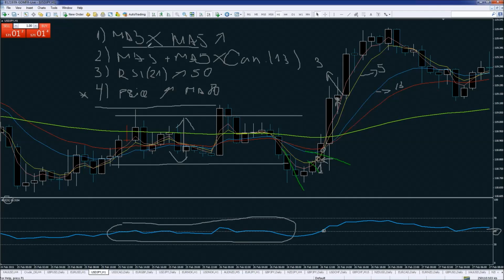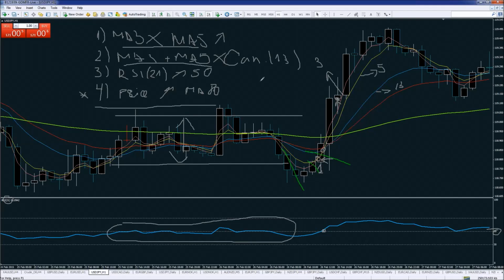First rule, moving average 3 should be crossing over the moving average of 5. You know, these kinds of ways of trading are widely known. However, this particular setup is only for the 1 hour chart, and it works great. It has wonderful results from the perspective of eliminating a lot of false signals.